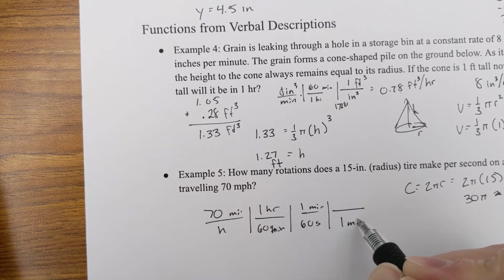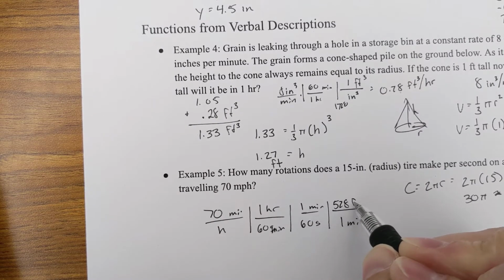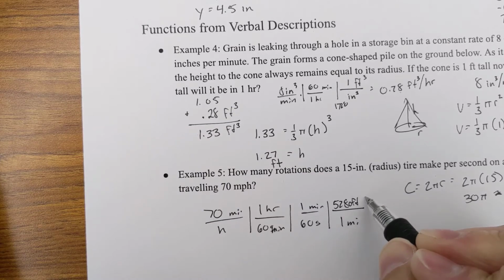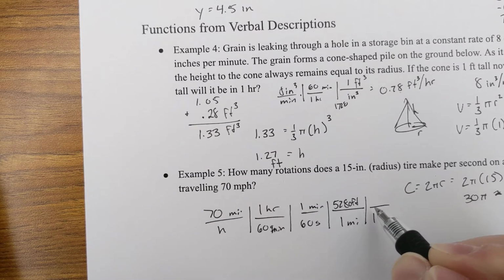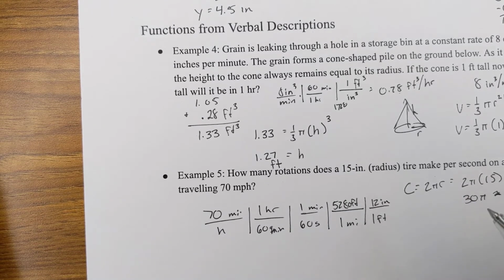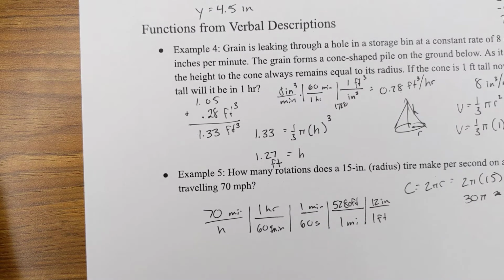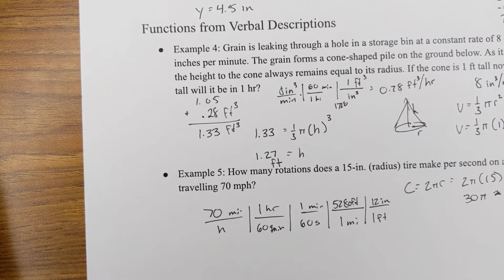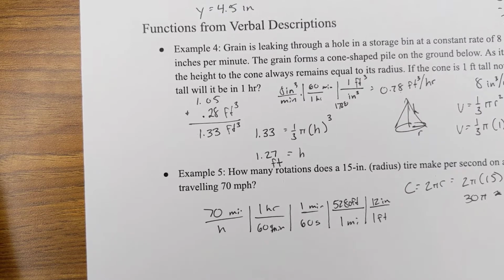In 1 mile, there are 5,280 feet. And in 1 foot, there are 12 inches. Okay, so 70 times 5280 times 12, the numbers across the top, divided by 60 across the bottom.